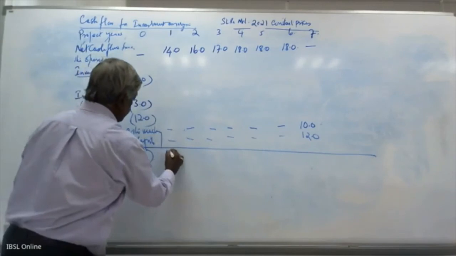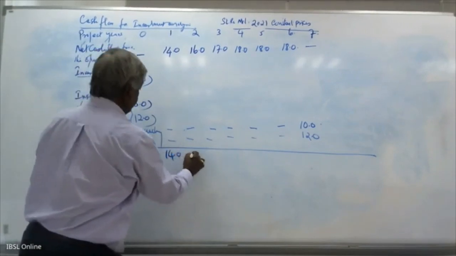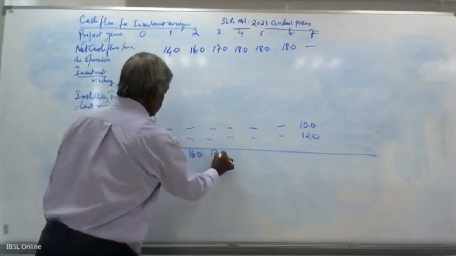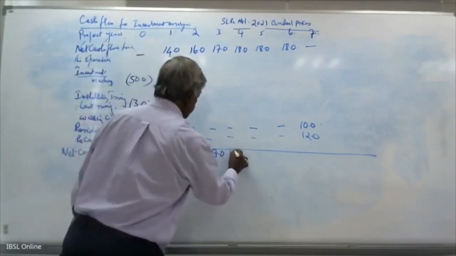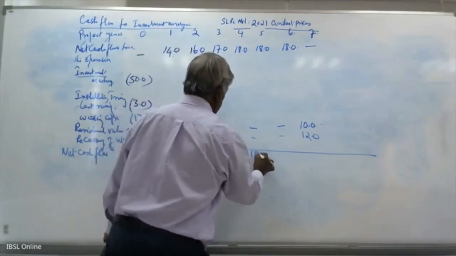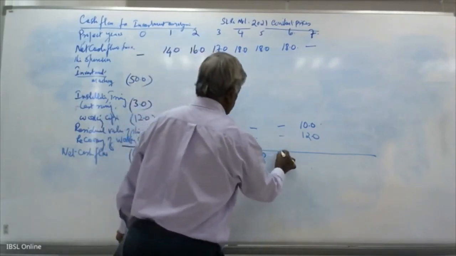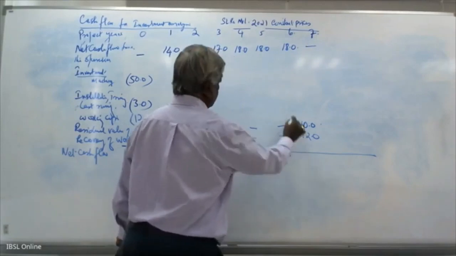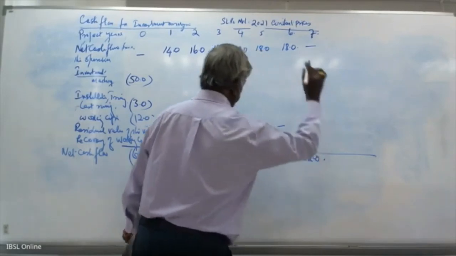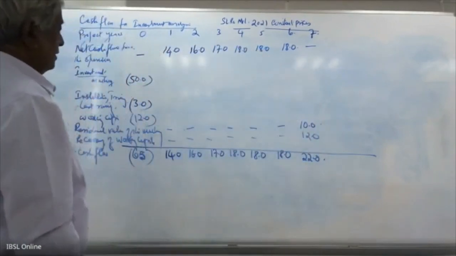Here, cash inflow, 14 million, 16 million, 17 million, 18 million, 18 million, 18 million, here 22 million. These are cash inflow.